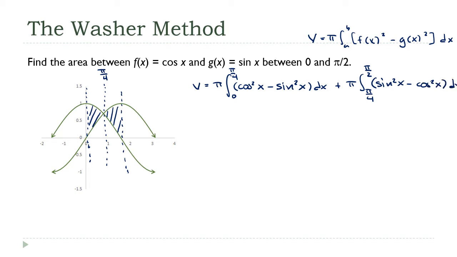Okay, so how are we going to do these integrals? Well, you could do the integral of cosine squared minus the integral of sine squared and use some double angle identities in there somewhere. But look, it's easier, I think, and again, highlights the importance of knowing your basic trig identities. Cosine squared minus sine squared is cosine 2x.